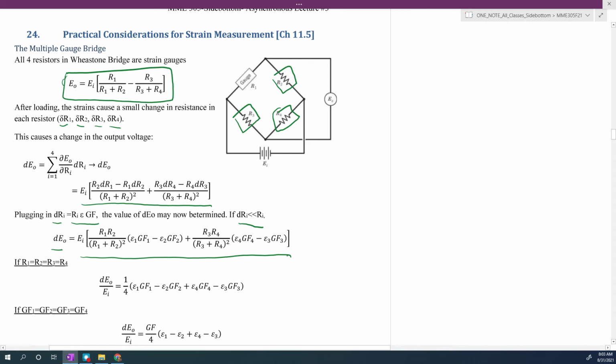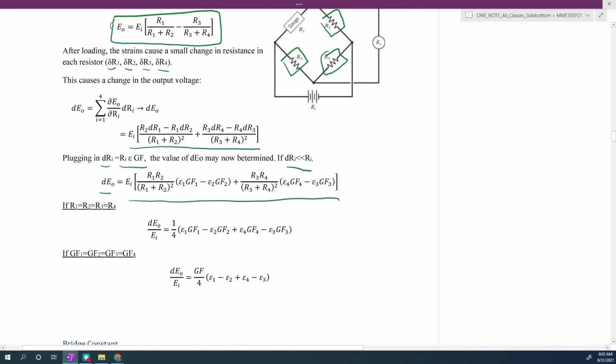If all the resistances are the same and all the gauge factors are the same, we can simplify the equation a couple times, and we get this equation for our expected relationship between our output voltage, our input voltage, and the strains we're measuring within each of the bridge arms.